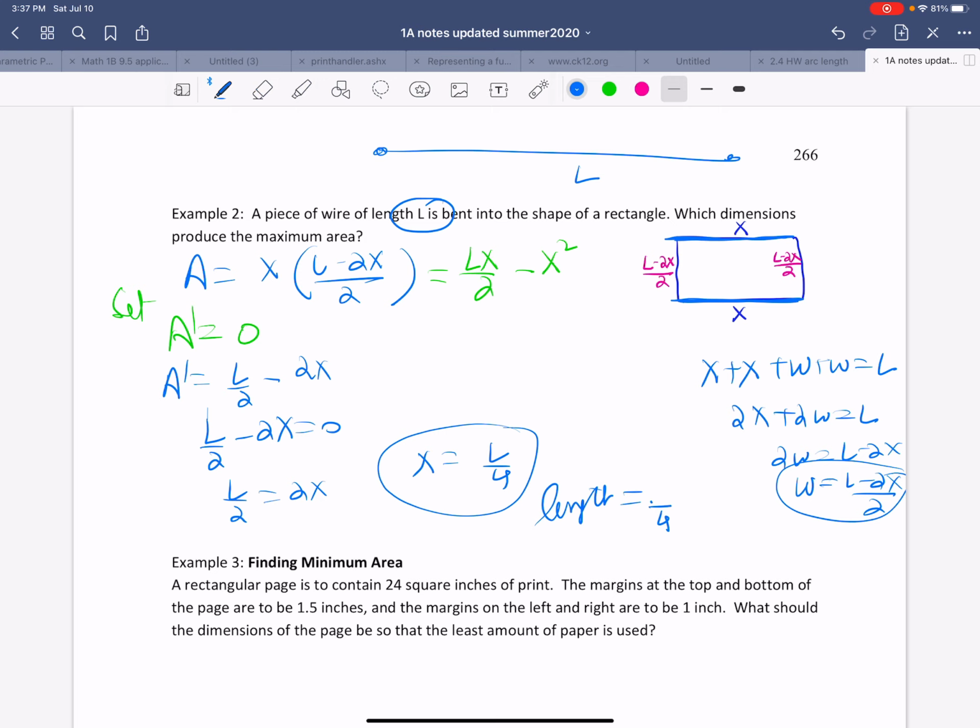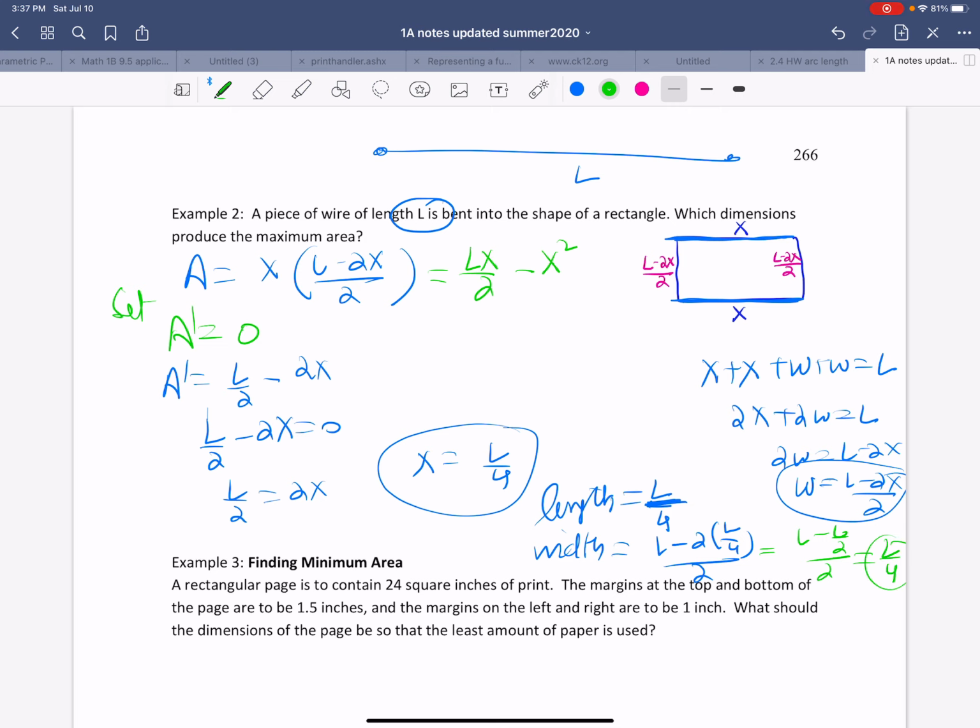All right, so if the length is L over 4, what's going to be the width? The width, we said, is L minus 2x over 2. So L minus 2 times L over 4, over 2, which is L minus L over 2, over 2. That turns out to be 2L minus L over 4, which is L over 4 again.